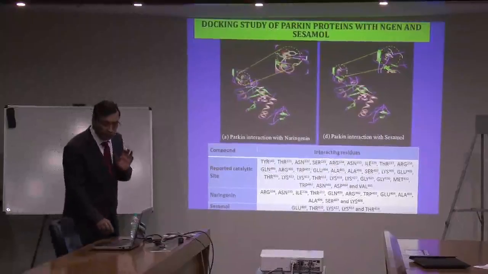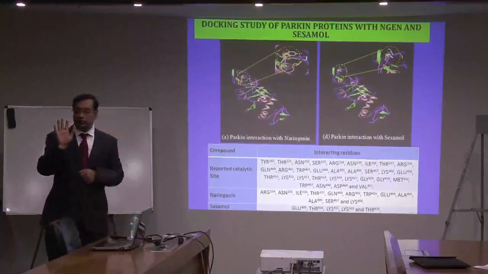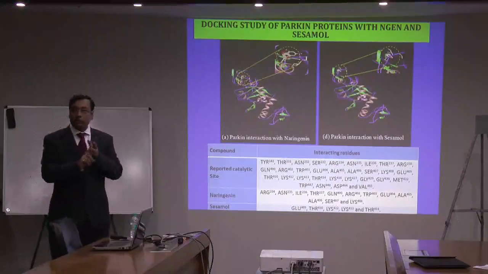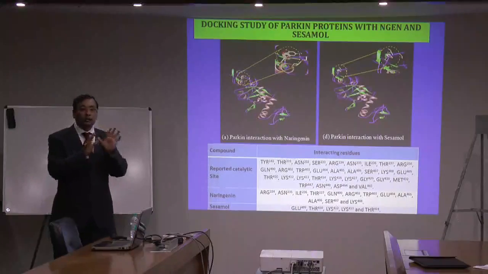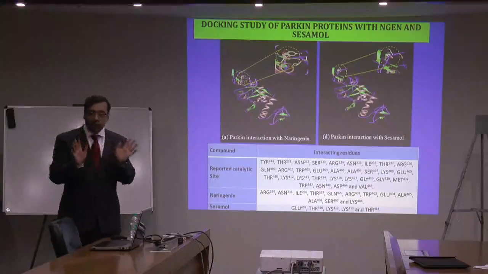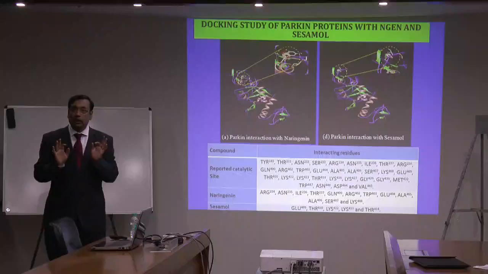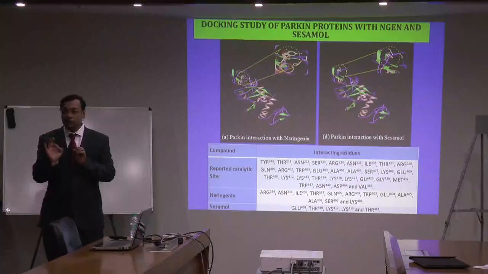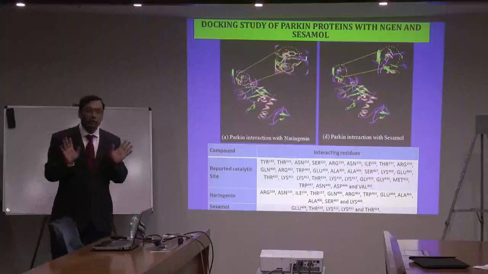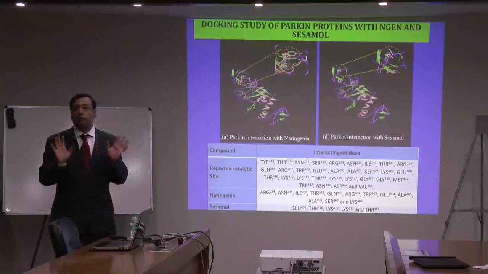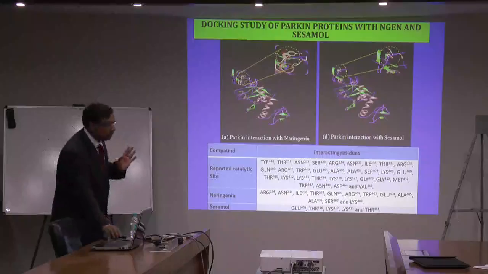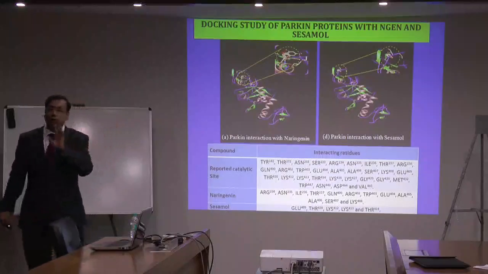In Parkinson's disease, there are 5 different genes: alpha-synuclein, Parkin, DJ1, PINK, and LRRK. If all the 5 proteins are working perfectly fine, body is happy, brain is happy. But if any mutation or loss of function of any of these 5 genes occurs, the body is stuck behaving badly. This is the reason why we have taken DJ1 and Parkin.